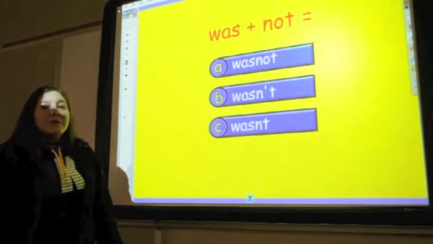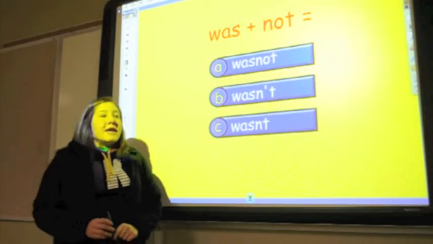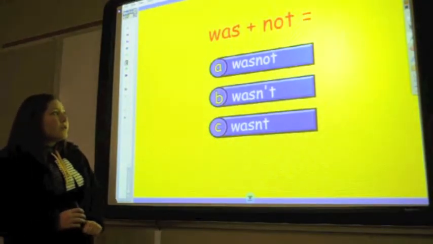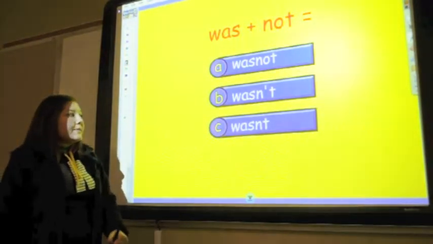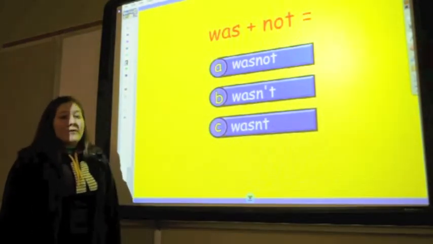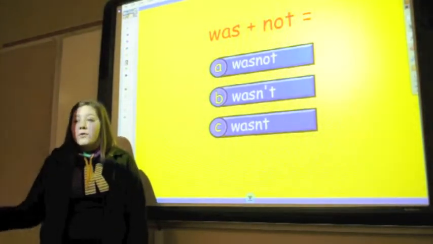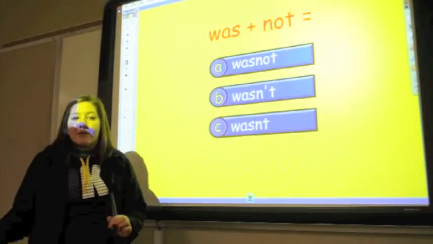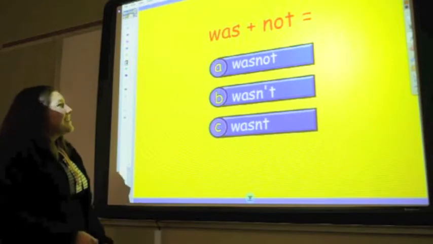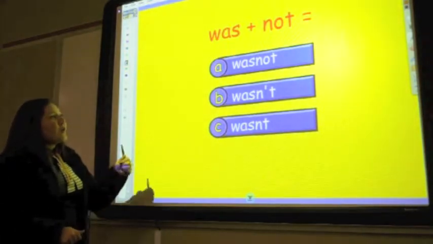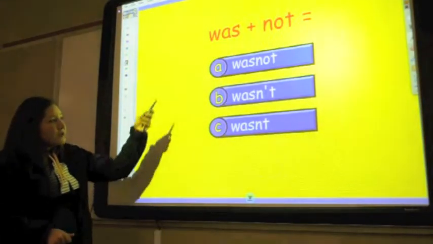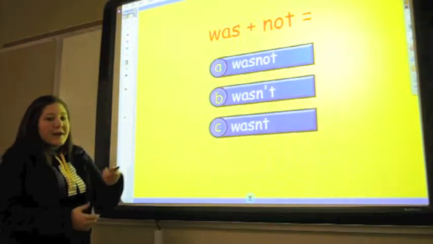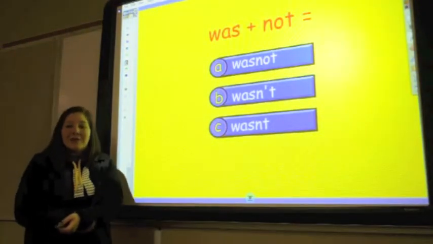Okay, now I want you all to get out your clickers, and we're going to go through a few words, and you guys are just going to choose A, B, or C for whatever one you think it is. And if you want, we'll raise hands and answer them for the class. Okay, so the first one, was and not. Which form of these is correct? Everybody answer in your clickers.